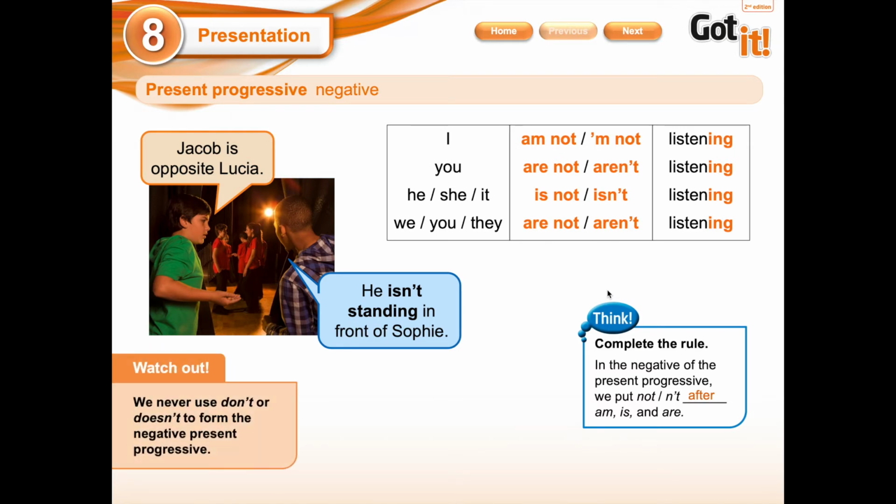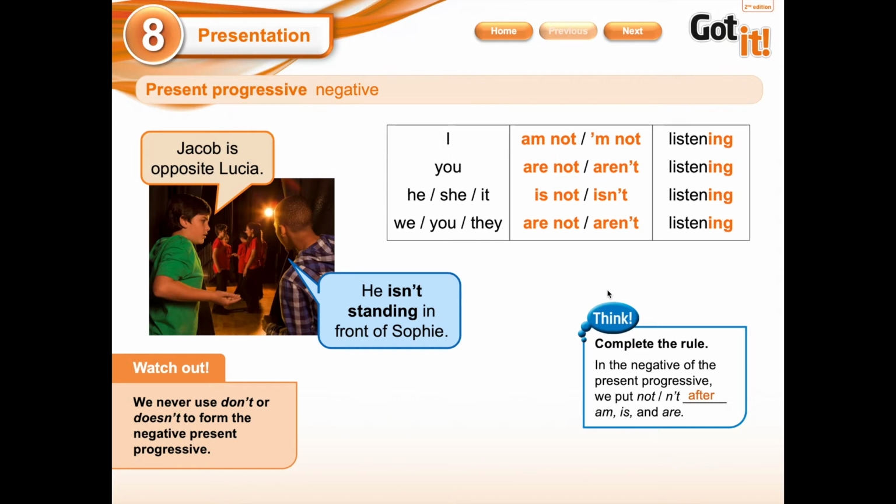Then here we have a watch out. This is a warning. Be careful with this. We never use don't or doesn't to form the negative present progressive. So what does this mean? For example, I cannot say she doesn't listening or I don't listening. That is incorrect.